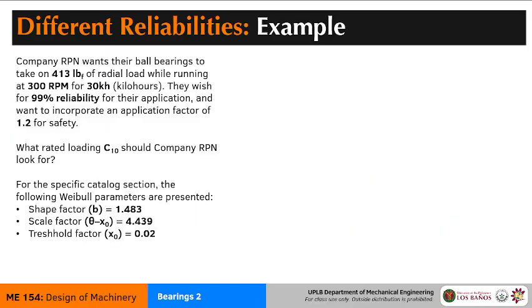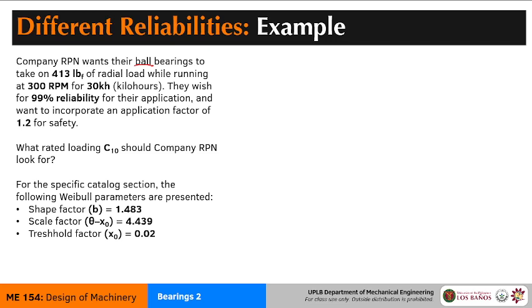Right now, let us move on to an example. So we have company RPN here, and they want their ball bearings to take on 413-pound force of radial load while running at 300 RPM for 30 kilo hours.